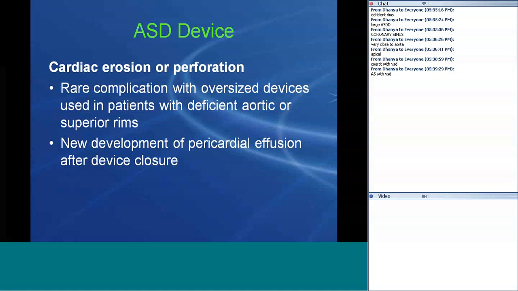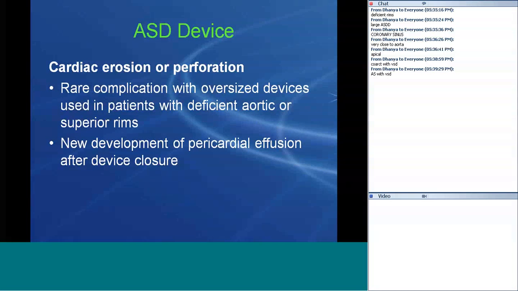Cardiac erosion or perforation is a rare complication with oversized devices used in patients with deficient aortic and superior rims. New development of pericardial effusion after device closure is one of the reasons for following these ASDs, because we have often seen a mild pericardial effusion after ASD device closure in few patients, and we really don't need to do anything for them unless the pericardial effusion is increasing.